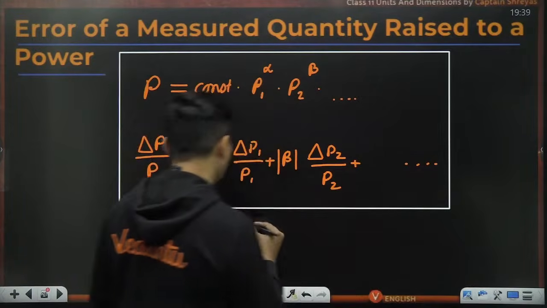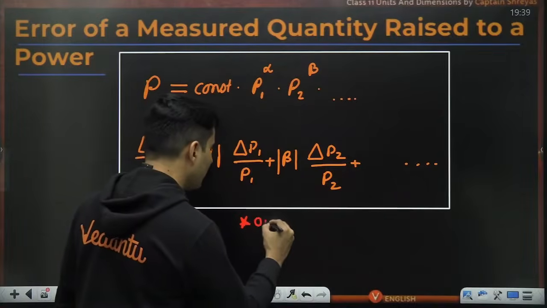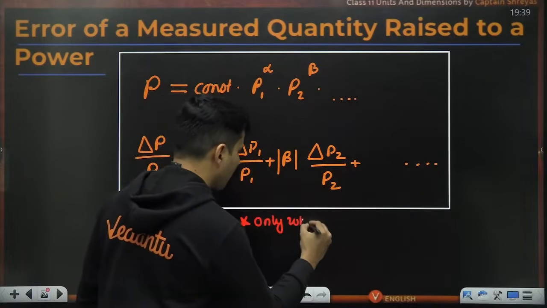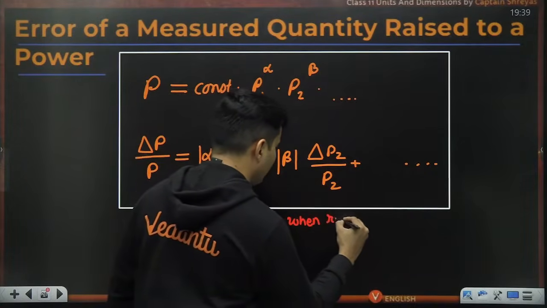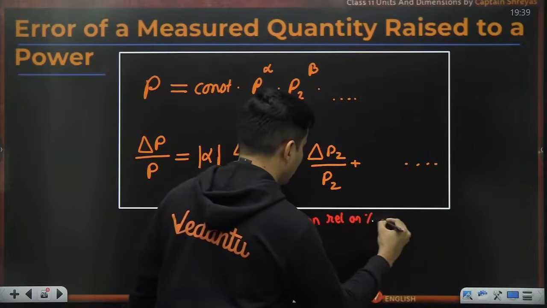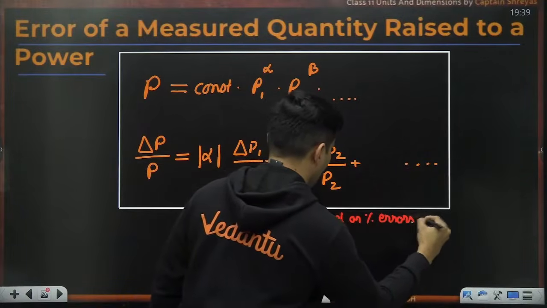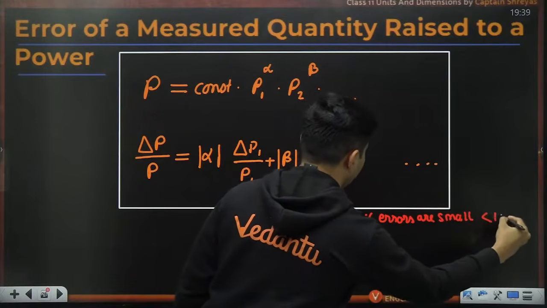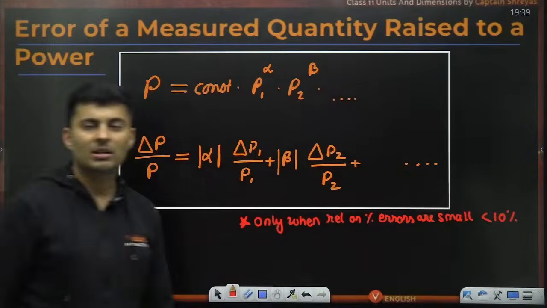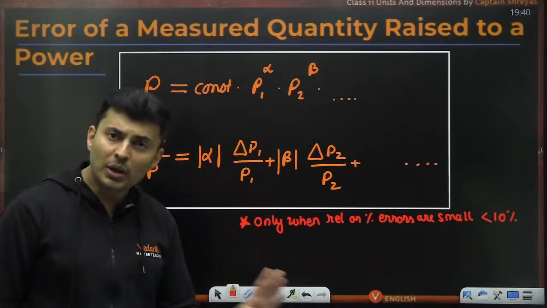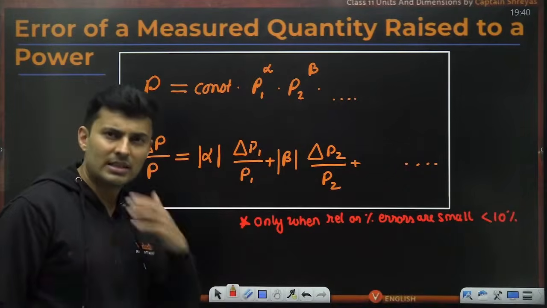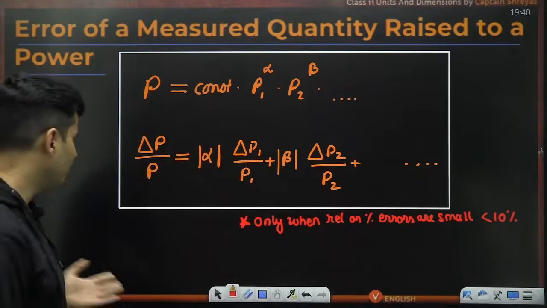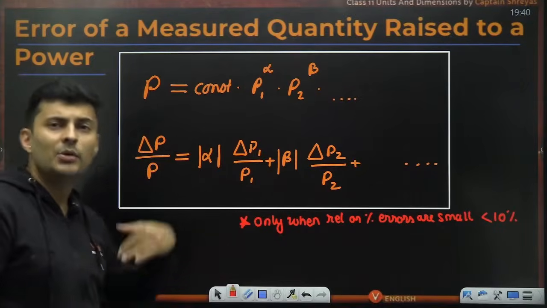This is only applicable when the relative or percentage errors are small, typically less than 10% error. Less than 10%, you can use this. Okay, 5%, 6%, 0.5%, 0.7%. Okay, but more than that, you have to do something else.